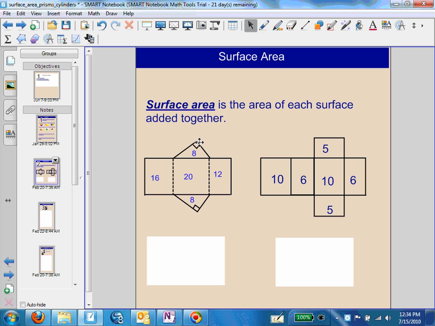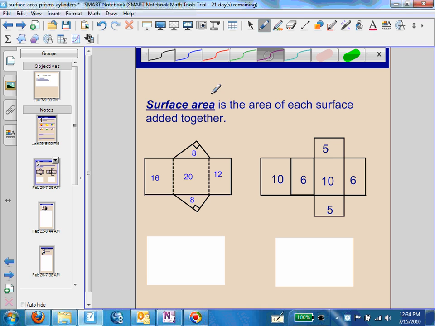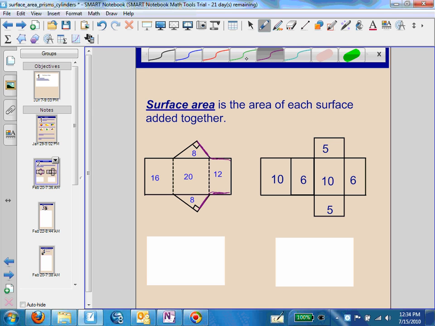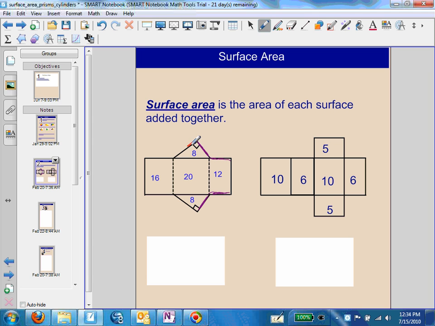And this length right here, I'll use color, would connect with the top of the rectangle that has an area of 12, the same with this length right here. So these two lengths are the same, the ones in purple. Same idea on the other side of the 8.